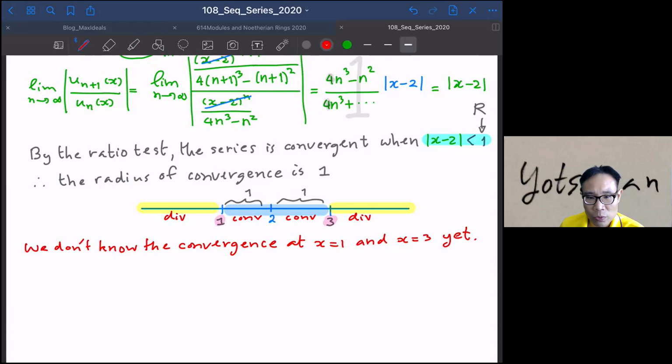So we're going to have to work for x equal to 1 and x equal to 3 separately.